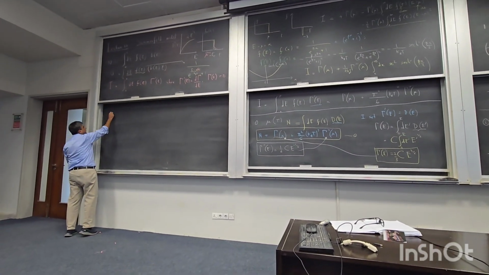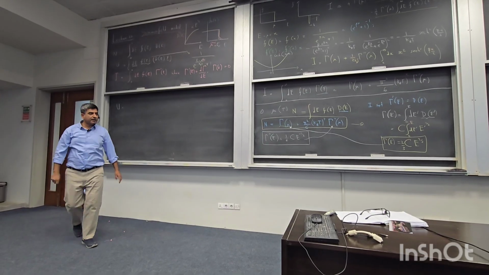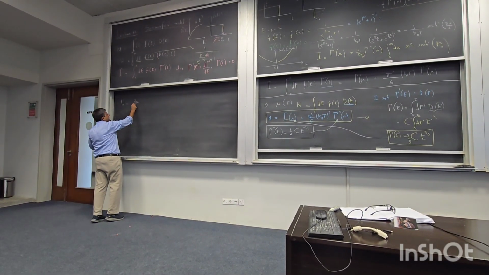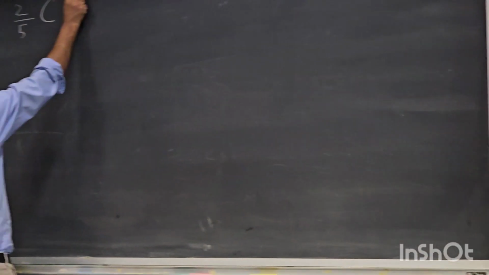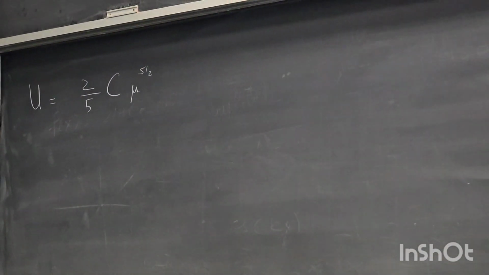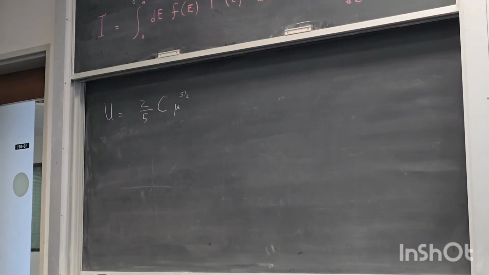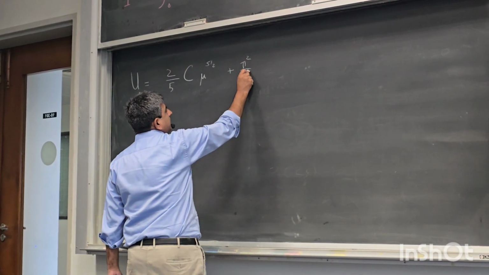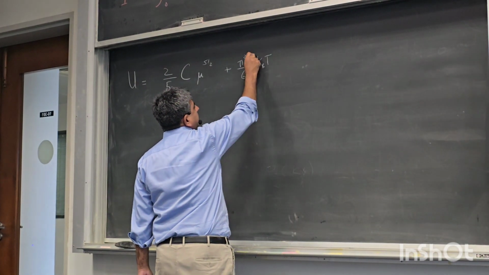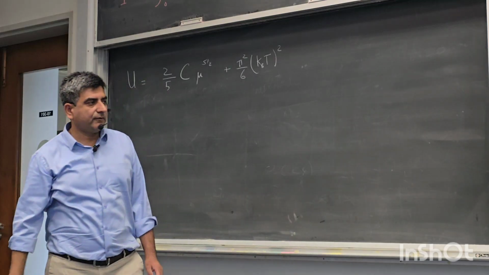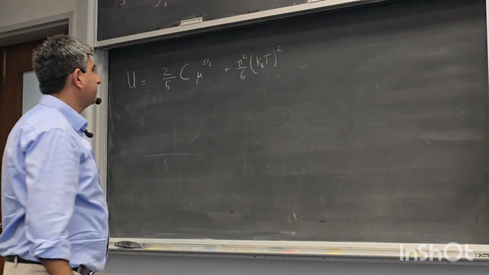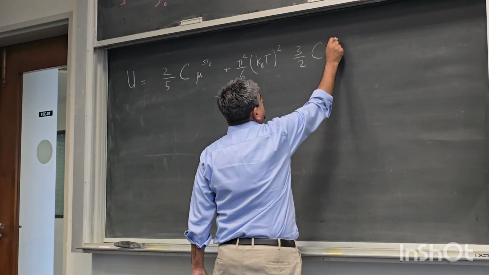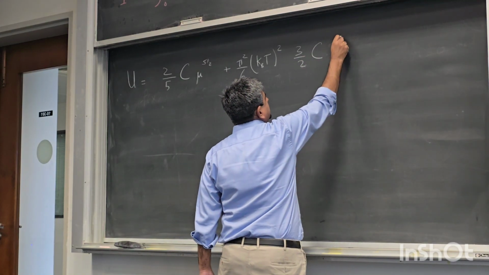So my U would become gamma at mu, which is 2 over 5 C mu raised to the power 5 by 2, plus pi square over 6 kB T square, and the double derivative of gamma, which now is 3 by 2 C mu raised to the power 1/2.